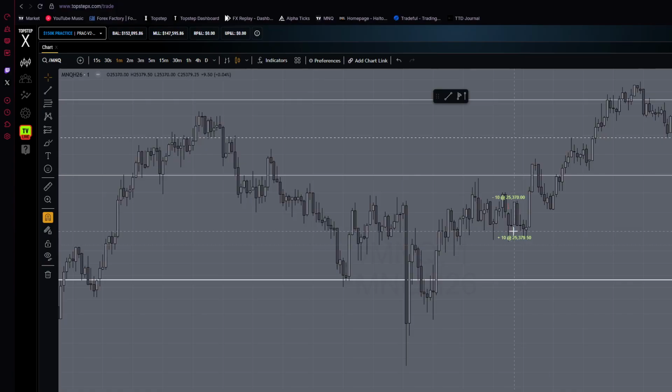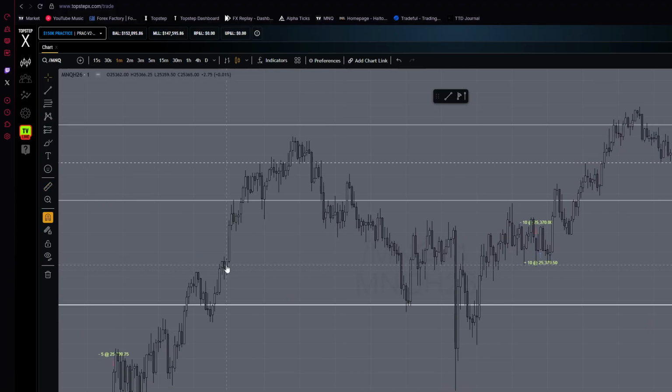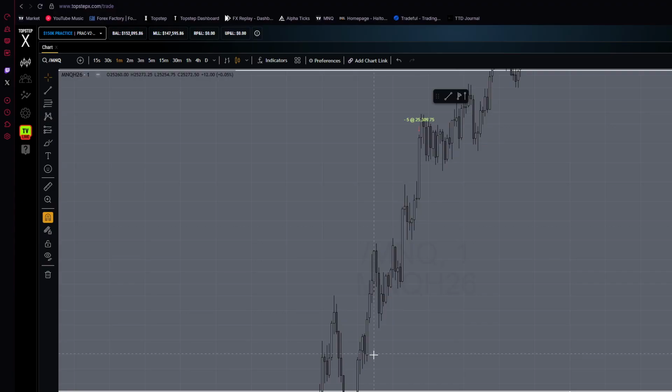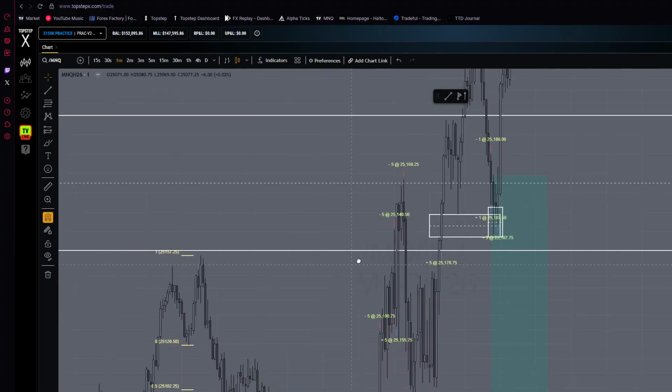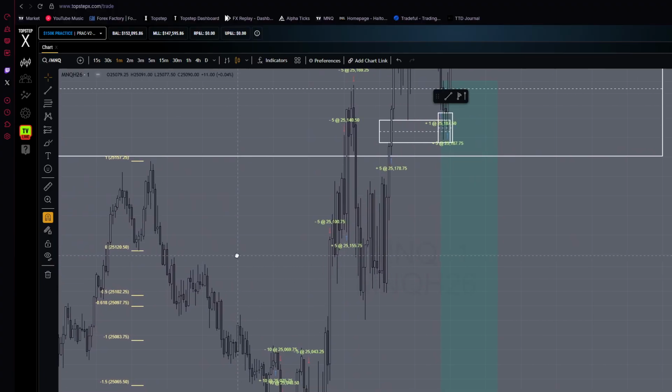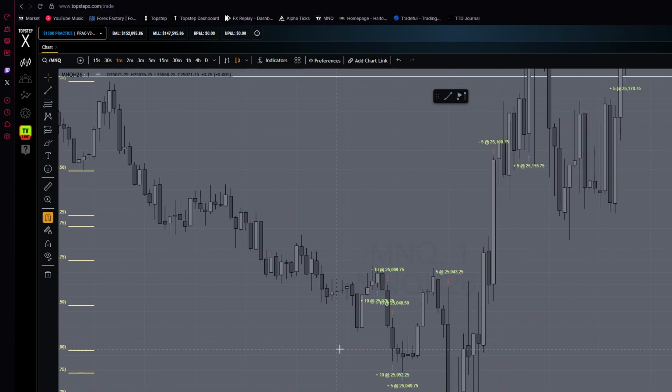Oh, I took a loss here trading PM session. I lost like $10, or like $50. But right, so there, and then there, and then there. Took a trade here, I guess. Oh, this was a long I took here.